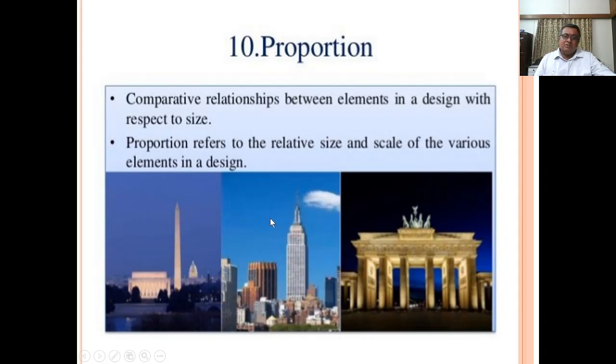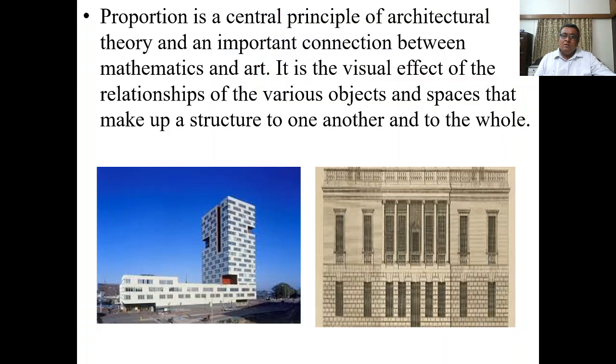So proportion refers to relative size and scale of the various elements in the design. Proportion is a central principle of architectural theory and an important connection between mathematics and arts. It is the visual effect of the relationship of the various objects and spaces that make the structure to one another as a whole.